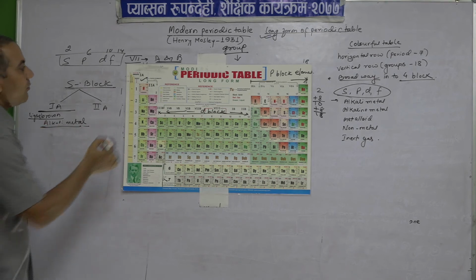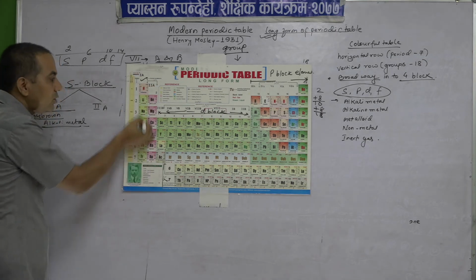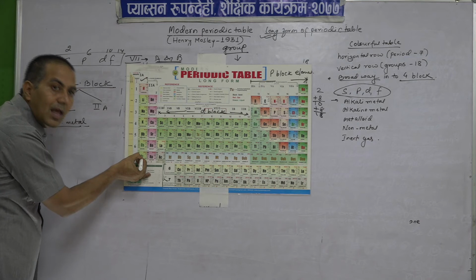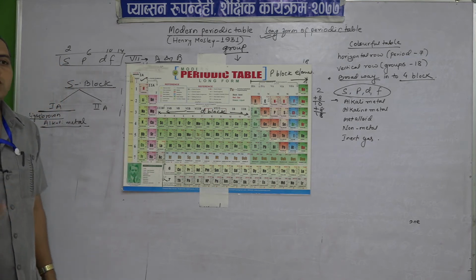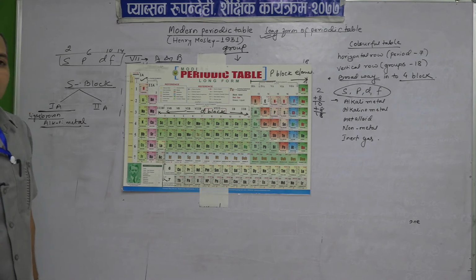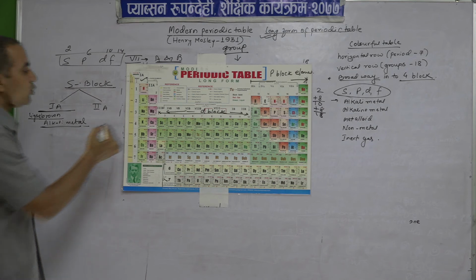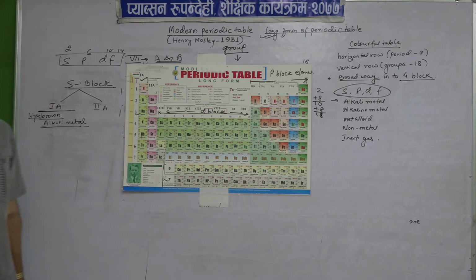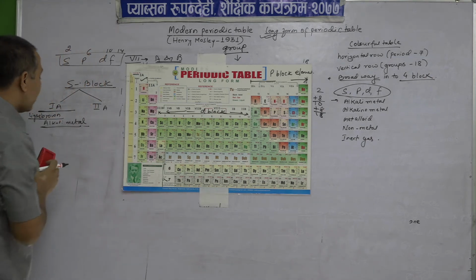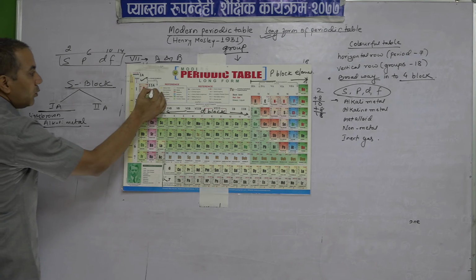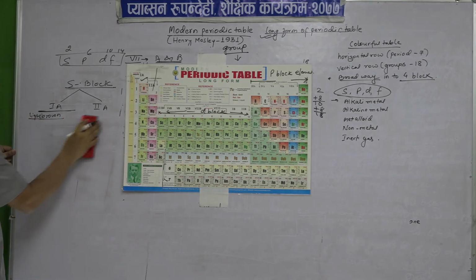So what are the first group elements called? Alkali metals. Why? Because when they dissolve in water, they form strong hydroxides. Another thing to remember: when sodium dissolves in water, it burns and produces heat. Then the next one, the 2 group, is known as the alkaline earth metals.